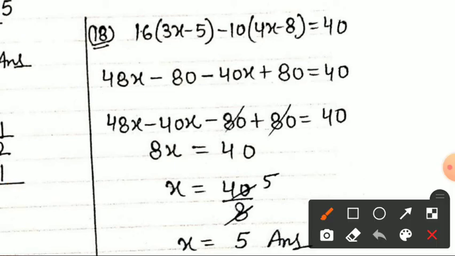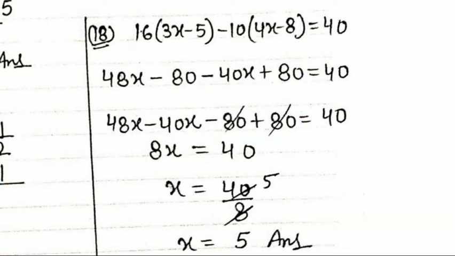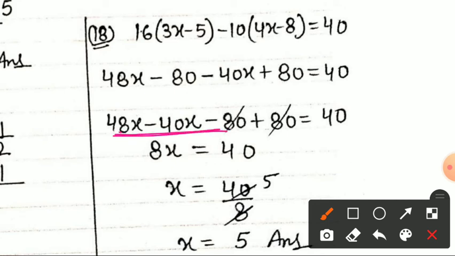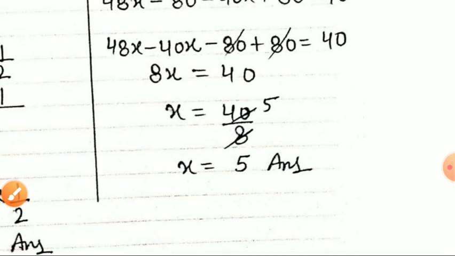Now after solving this we have to combine the like terms. So 48x minus 40x, and negative 80 plus 80 becomes 0, so they cancel out. Only 48x minus 40x gives 8x equals 40. So x equals 40 upon 8, which is 5. So the value of the variable is 5.